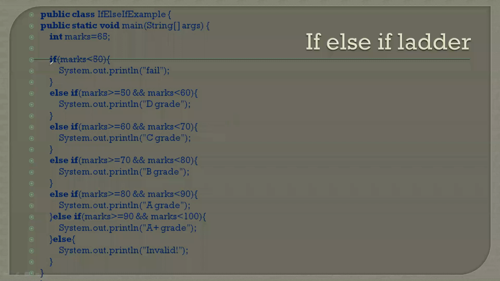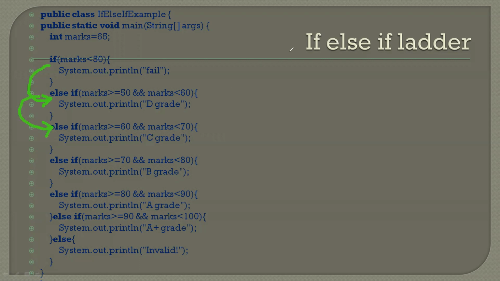This if condition is false, that's why it has entered this particular else if statement, and this if is also false, that's why it has entered this if else.